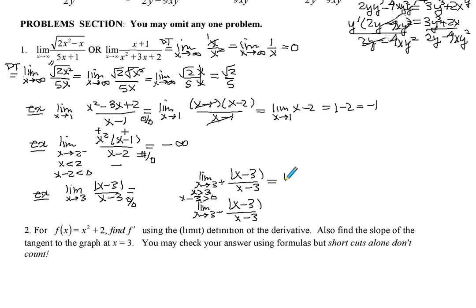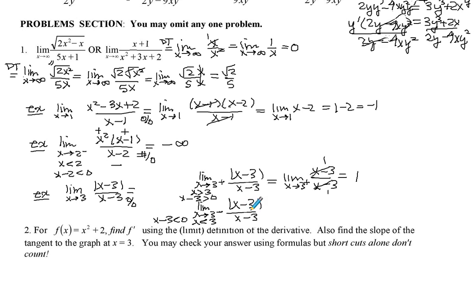So this will equal the limit of x minus 3 over x minus 3 as x approaches 3 from the plus side. And that's just 1 over 1, which is 1. However, if x approaches 3 from the minus side, x is less than 3. And bring the 3 over, x minus 3 is less than 0.